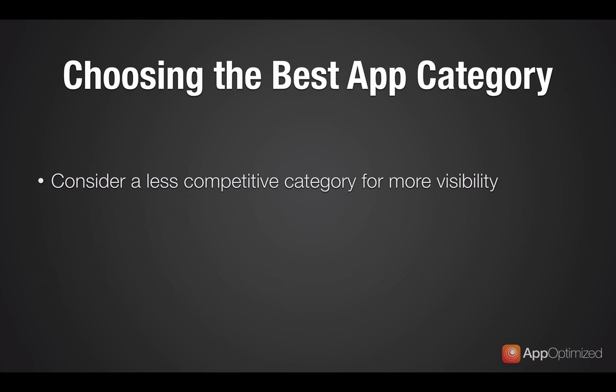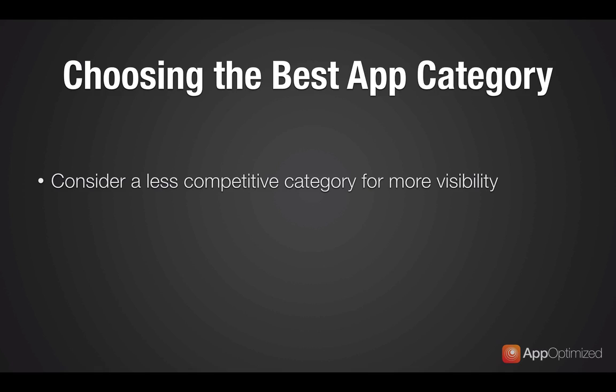And so that's something that you need to consider and you need to look into. And it may require some trial and error. So you may put it into the photography category and you find out it's not getting very much traction that way. So another strategy would be to publish your app under another category where it may be less competitive, giving you more visibility in the App Store.